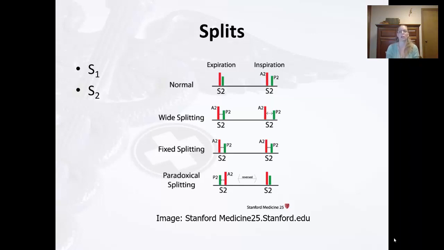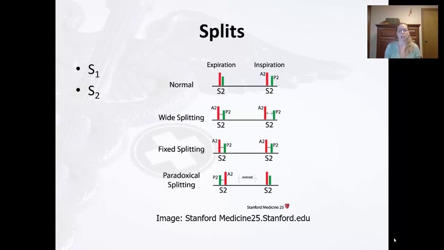A wide split is when you hear a split in expiration and inspiration, but the delay of the S2 sound during inspiration is further during the inhalation phase versus the exhalation phase.